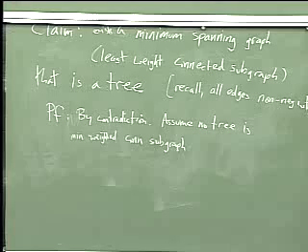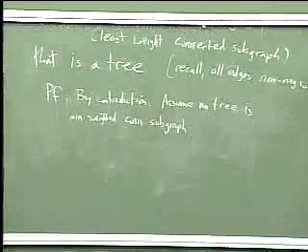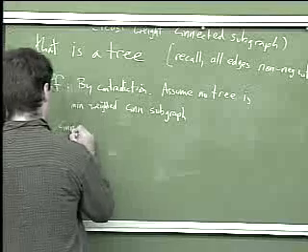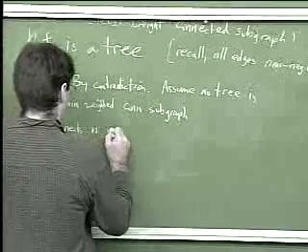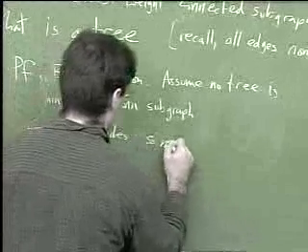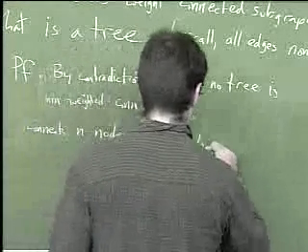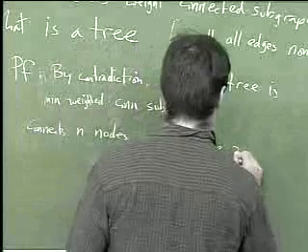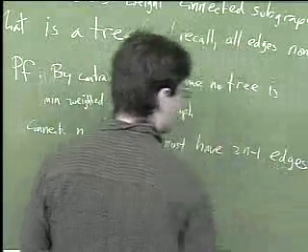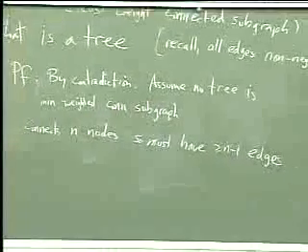Okay, it connects n nodes. So it must have greater than or equal to n minus 1 edges, right? Otherwise, there's no way to connect all the nodes.